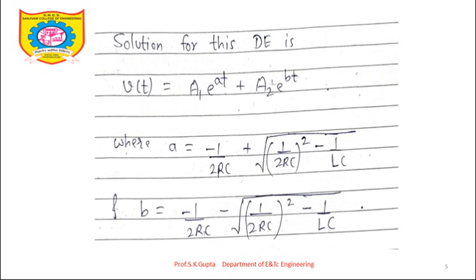Again, for second order differential equation, the solution is of the form a1 e raised to at plus a2 e raised to bt, where a1 and a2 are constants and a and b are the factors of that quadratic equation. The factor comes out as a equal to minus 1 by 2RC plus under root 1 by 2RC whole square minus 1 by LC, and b is also the same, but here instead of plus sign we have minus sign.